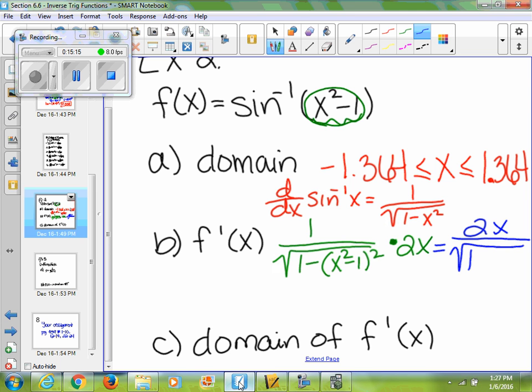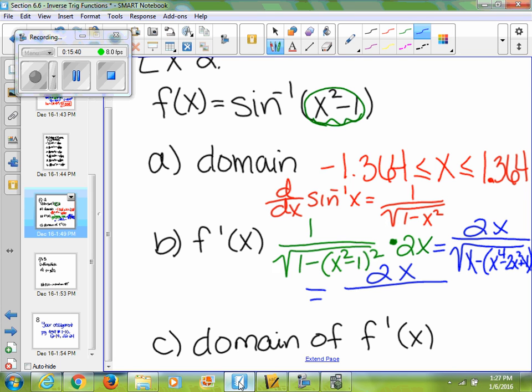If I square the bottom, I get x to the 4th minus 2x squared plus 1. So I get 1 minus the square root of x to the 4th minus 2x squared plus 1, which then my 1 minus my 1 cancels.